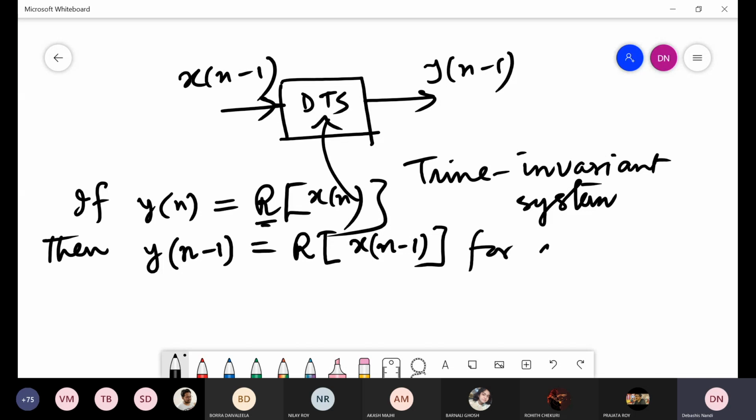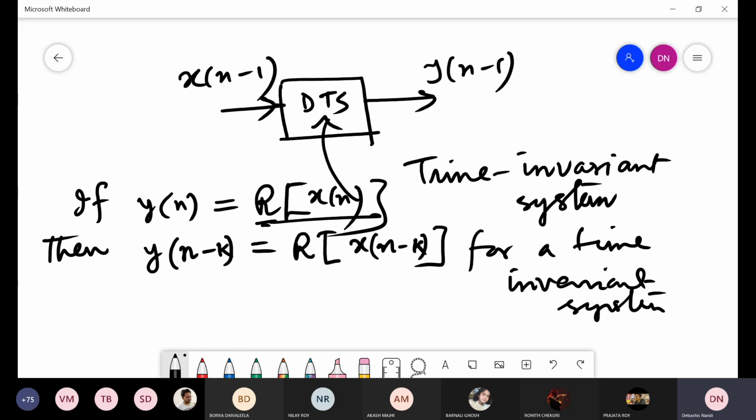In general, with k samples of delay, the output will also be delayed by k samples. So if y[n] is the response to x[n], and if you apply x[n-k] to the input of the same system and get y[n-k] at the output, then the system is called a time invariant system.